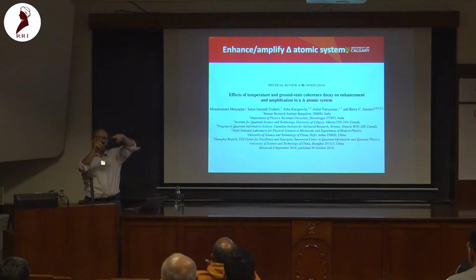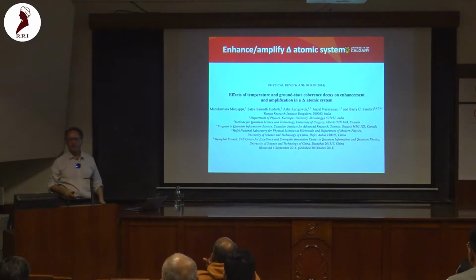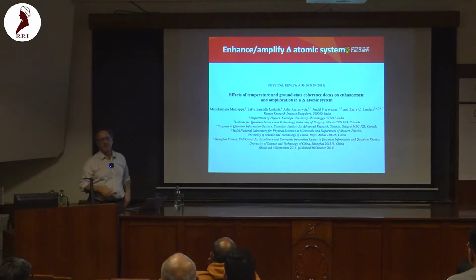If you drive the lower transition, it looks a little bit like a delta. So years ago, I named this a delta atom. The idea of the delta is two lower levels, hyperfine splitting, and one excited level. Turning a lambda into a delta is just adding a microwave term to drive that.